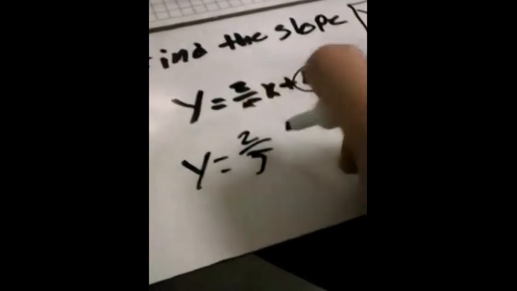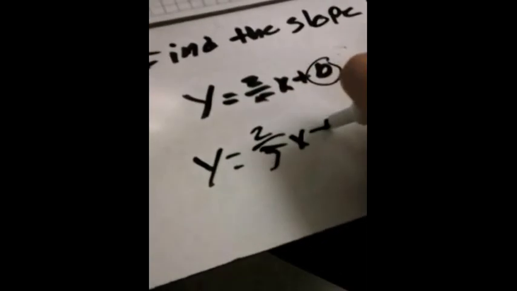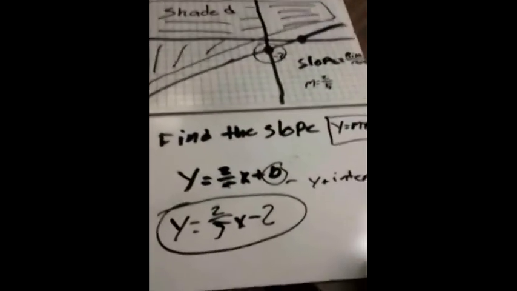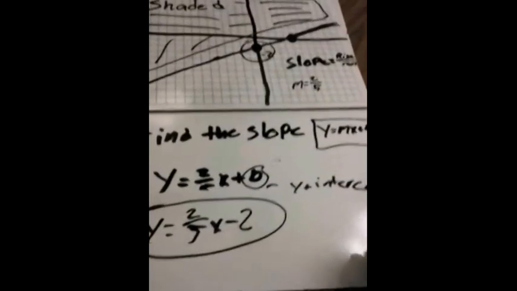So y equals 2/5 x minus 2. Sorry, minus 2. And here is your answer for example 4.